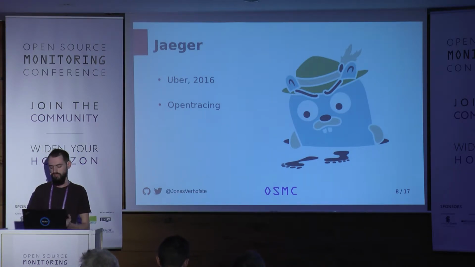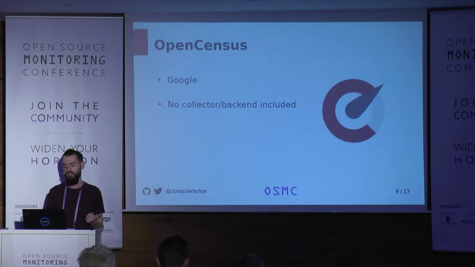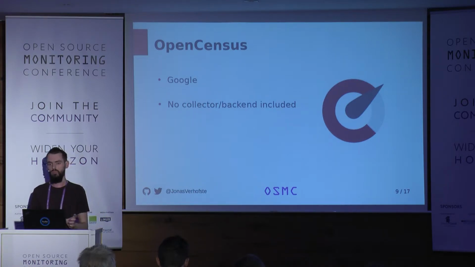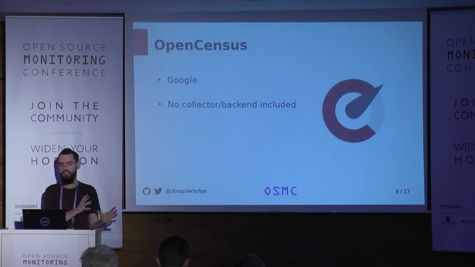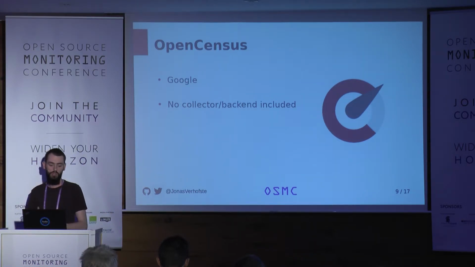And then there's also OpenCensus, which is Google's answer to OpenTracing. The difference with the former two is that OpenCensus doesn't have its own collector or its own backend, so it is an instrumentation library, and it then expects you to choose Zipkin, Jaeger, or any other supported backend to visualize your data.